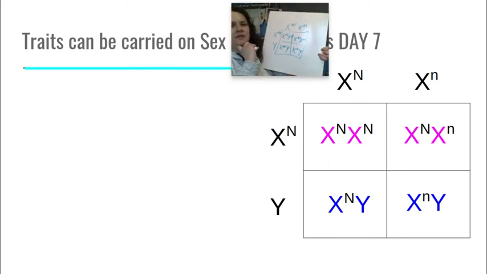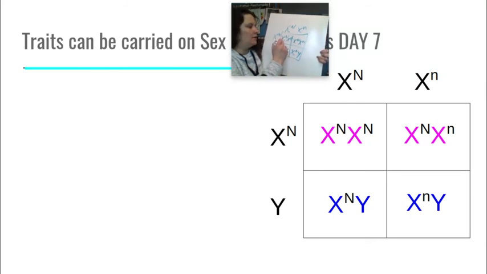What does this mean? So you've got to look at each box to figure out what this means. So this one right here, number one, I'm going to look at, is this a male or female, boy or girl? XX, that's a girl. And she has big N, normal eye color, so that's a female with no color blindness.